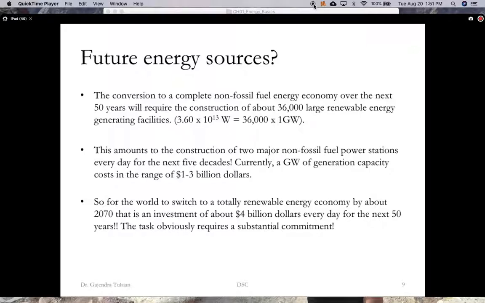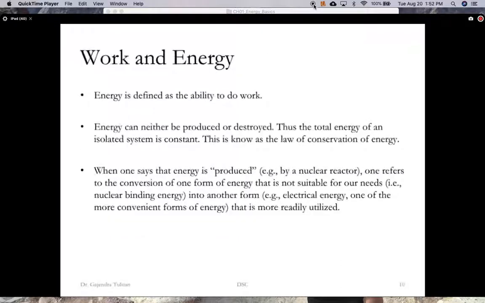So that's what it would take. Now, this is no easy task, and it will require a substantial commitment on the part of all governments. Okay, so we'll stop now.